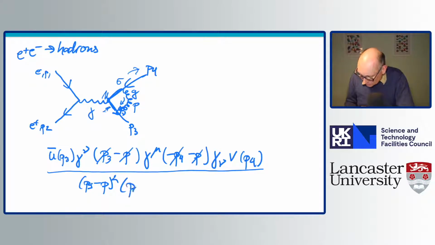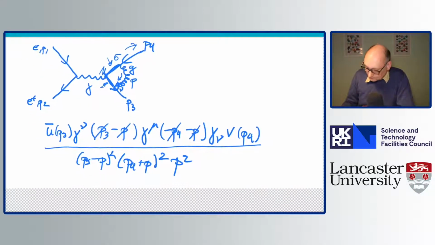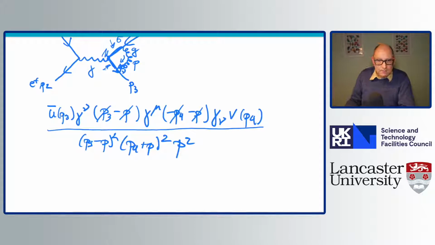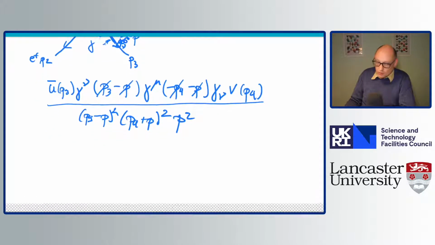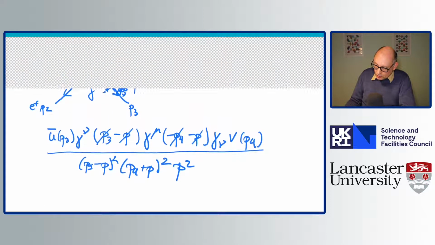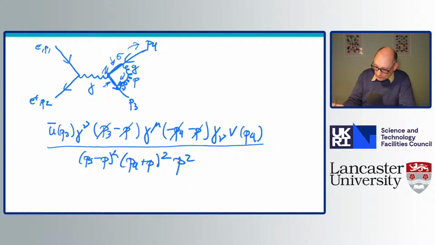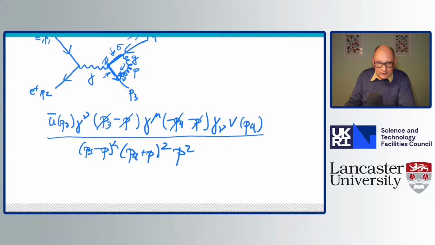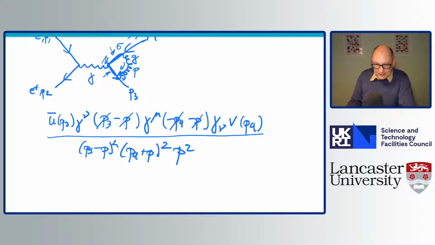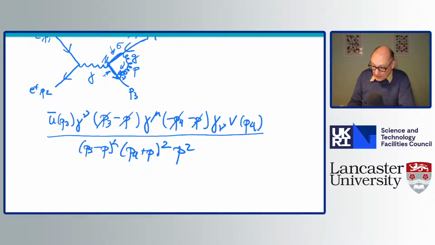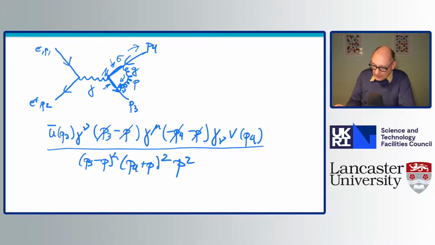There's a p4 plus p squared from this fermion propagator there, and finally the gluon propagator is just p squared. Okay, so the Feynman rules say that when we have a loop momentum like this, we then need to integrate over the momentum p, right? Any momentum p is possible here.